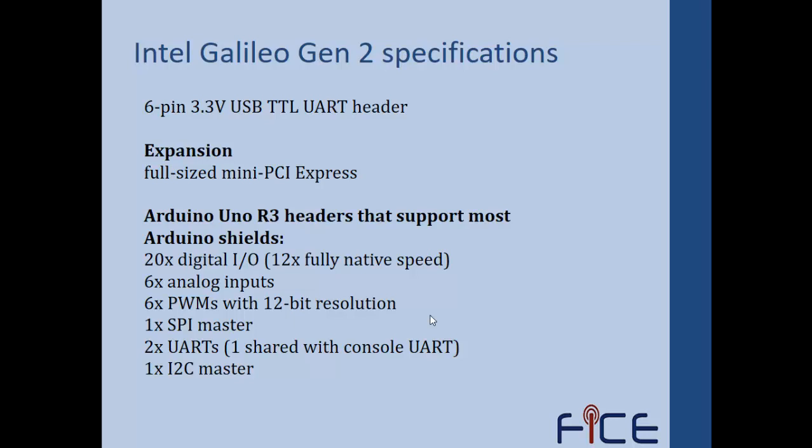Similarly we have one SPI master, one UART and one UART shared with the console, and one I2C master. So in total 2 UARTs and one I2C master. I2C stands for inter-integrated circuit. UART stands for universal asynchronous receiver and transmitter. SPI stands for serial peripheral interface, and PWM is pulse width modulation.